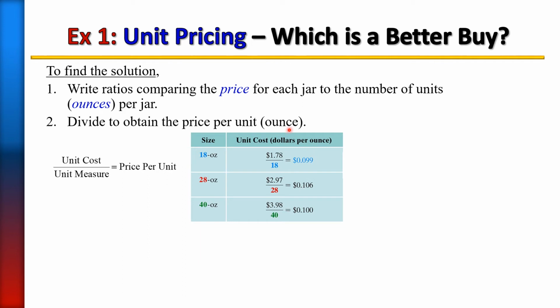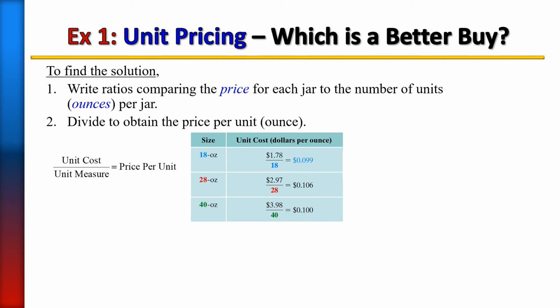Now, if we look at these three values and compare them, the 18-ounce size, which is the smallest size here, is your best buy because that value is smaller than the other two values. If we were to rank these three values in order from least to greatest, it would be the 18-ounce being the best buy.